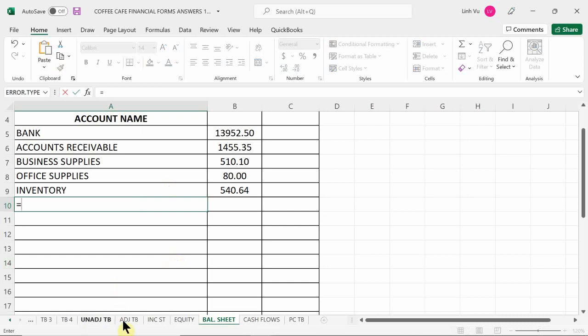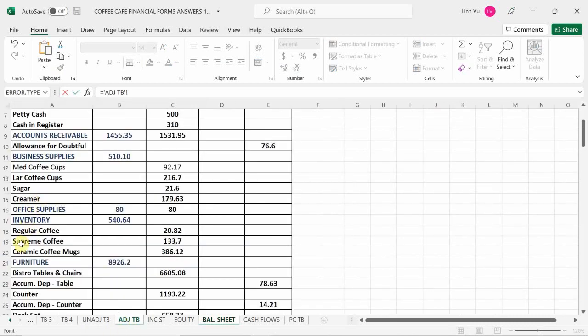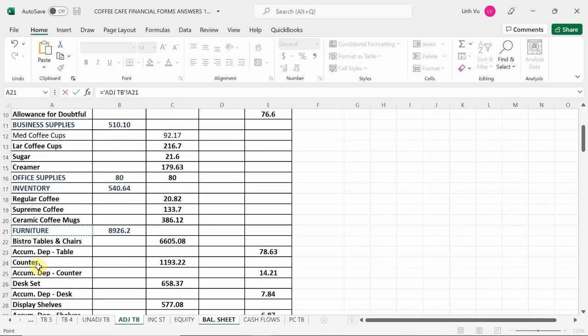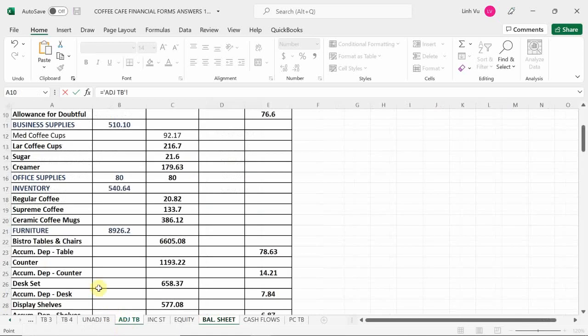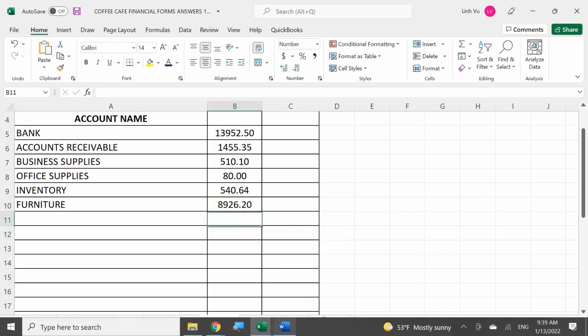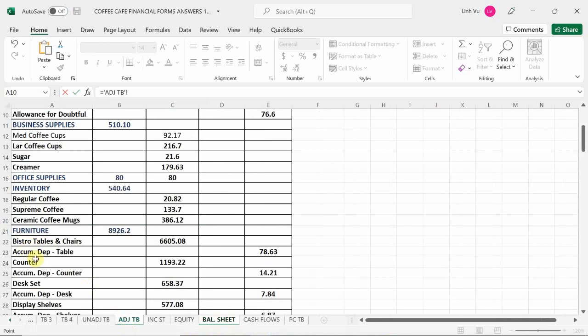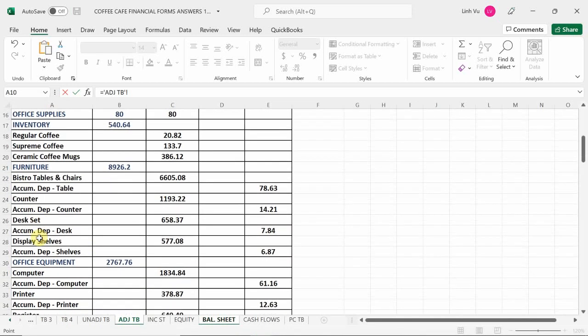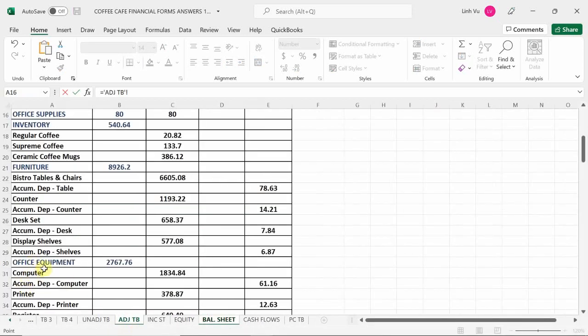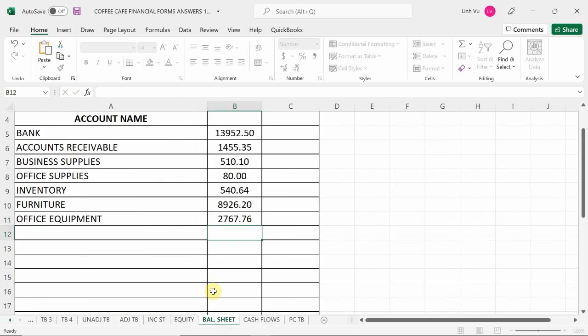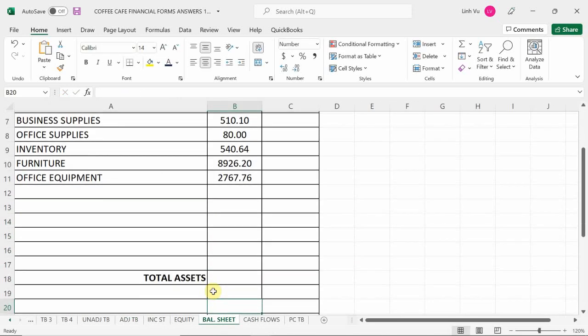My next account I have here is my furniture, which is currently standing at a total of $8,926. Okay. The next account I have here is my office equipment, currently standing at $27.67.